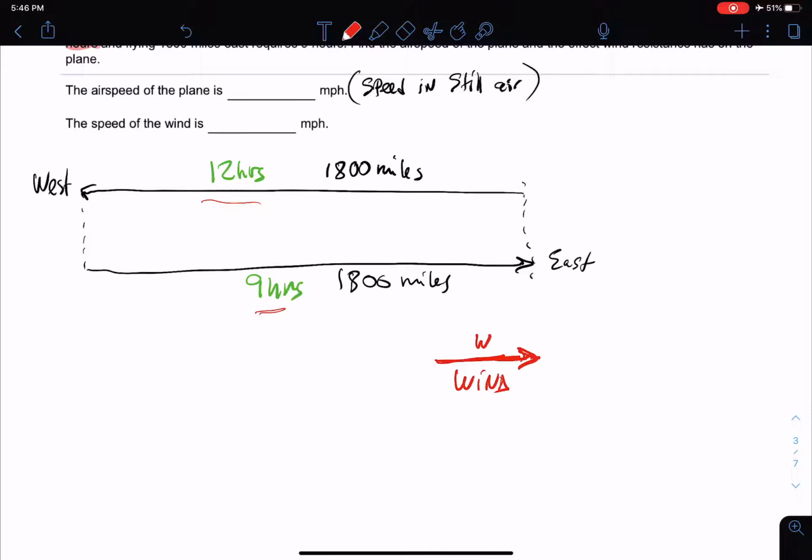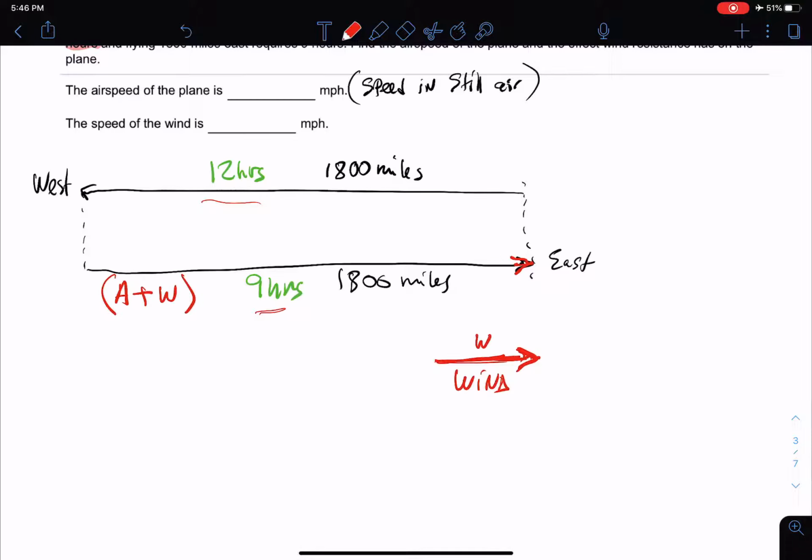So really the key to understanding this problem is to realize that the airplane has two speeds working together or against each other. If you're going with the wind, in this direction, well, that means it's going to be the airplane's speed plus the wind speed.